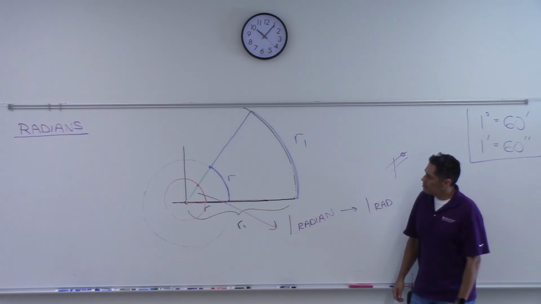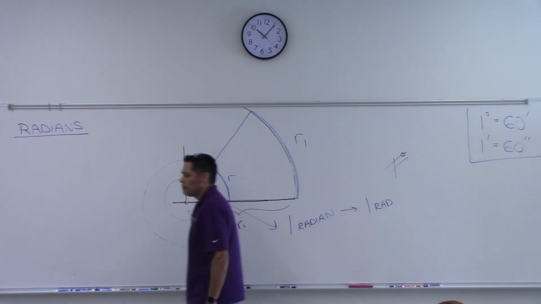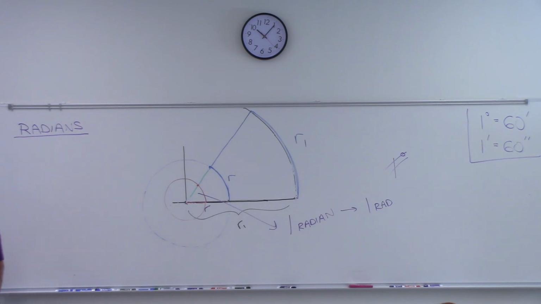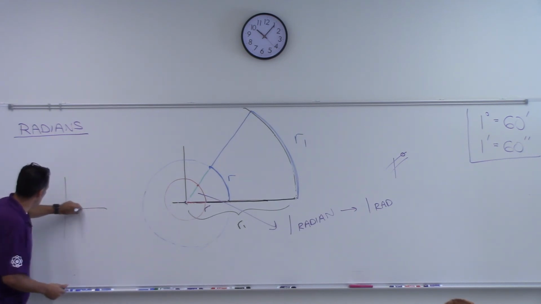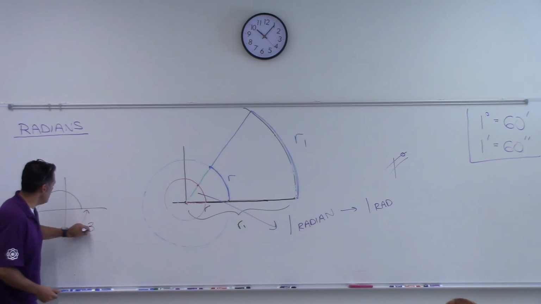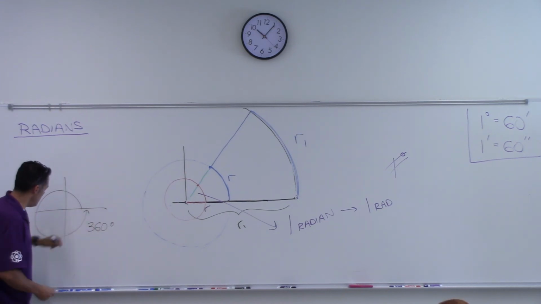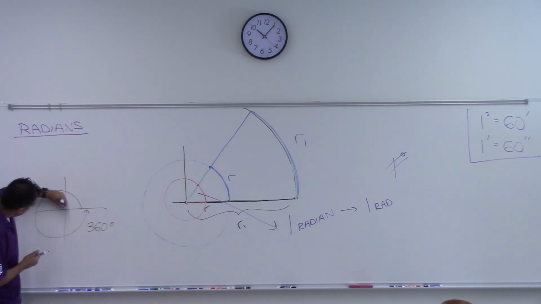All right, so you tell me, what quadrant is 1 radian in? First quadrant. 1 radian is always in the first quadrant, right? How many degrees were there in a full revolution? When you go all the way around, there were 360 degrees. If you look at 1 degree, it's really small.